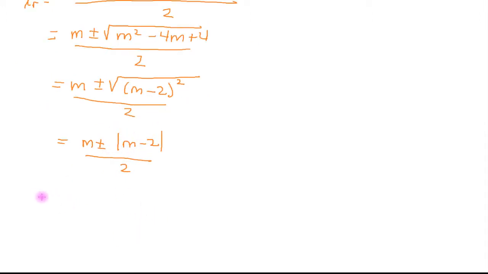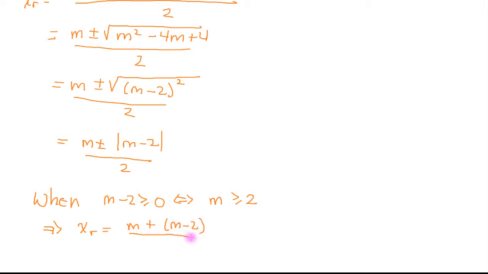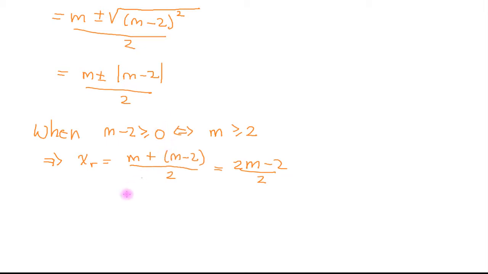So, when m minus 2 is greater than or equal to 0, which is equivalent to saying when m is greater than or equal to 2, then we have that x root is equal to m plus m minus 2 over 2, which is 2m minus 2 over 2. And if we divide 2 in both sides or factorize it 2, we are left with m minus 1.